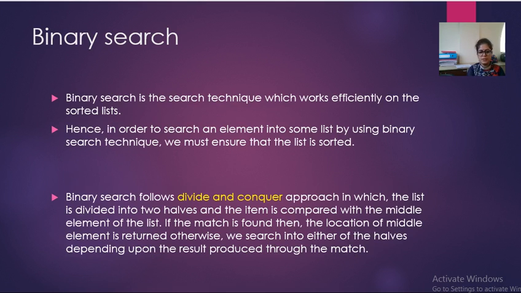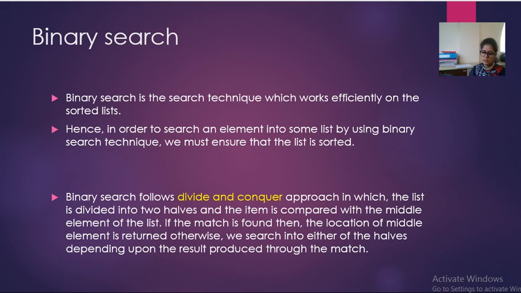Now what is binary search and what is the difference between linear search and binary search? See students, in linear search, whenever we have to search any element, we have to traverse the list in a sequential way. In binary search, we do not have to traverse the whole list.